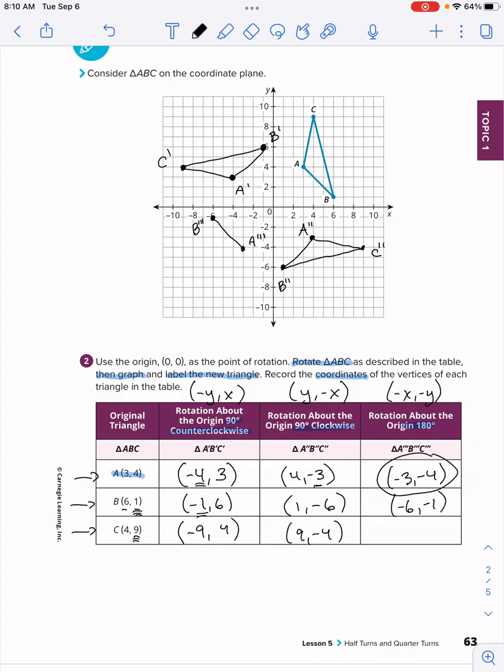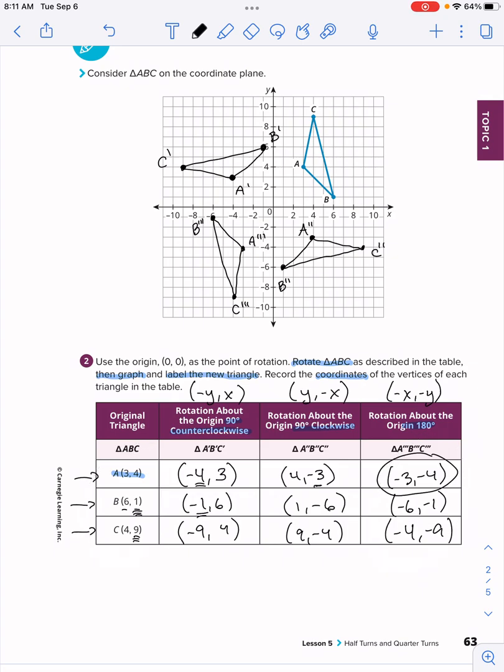And then finally, C triple prime will be 4 left, 9 down, right here. C triple prime. So 4 left, negative 4. 9 down, negative 9. We'll connect this. Okay. And as you can see, all of these are the opposite of all of these.